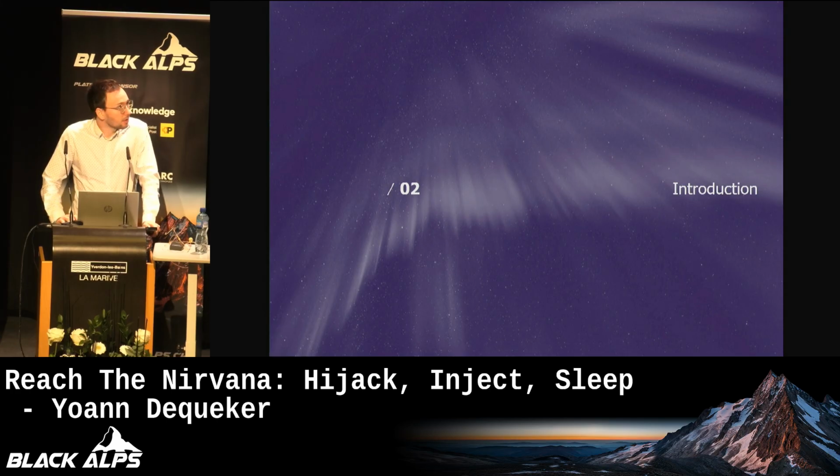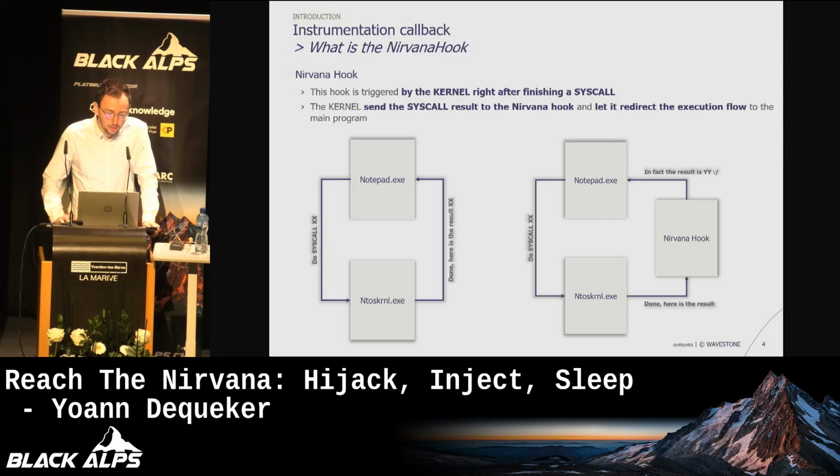So let's start with an introduction to Nirvana hooking. Nirvana hooking is a specific debugging function that has been implemented in Windows and allows you to execute code every time a specific syscall is triggered. If you take the standard path, you have a process, for example notepad.exe, that is trying to access the kernel with a syscall.